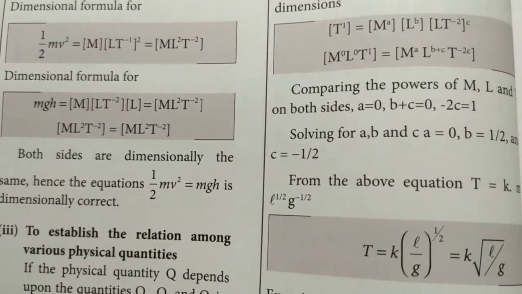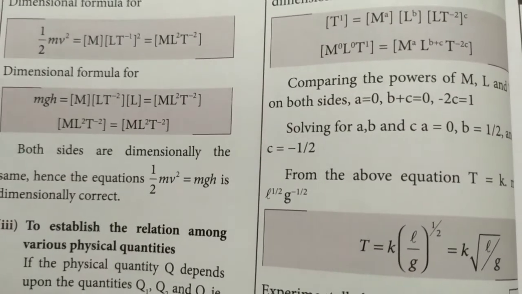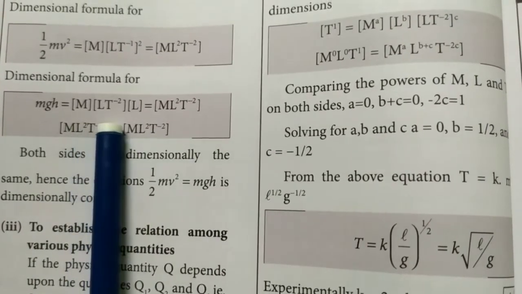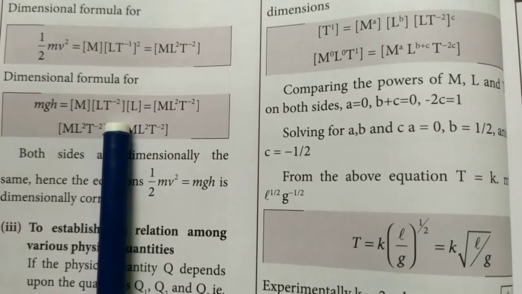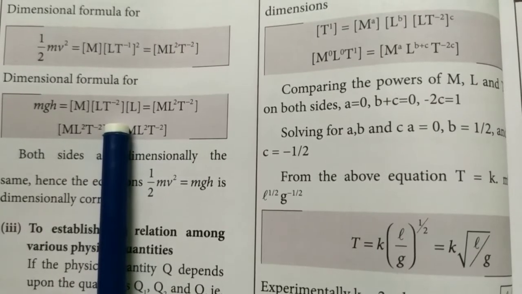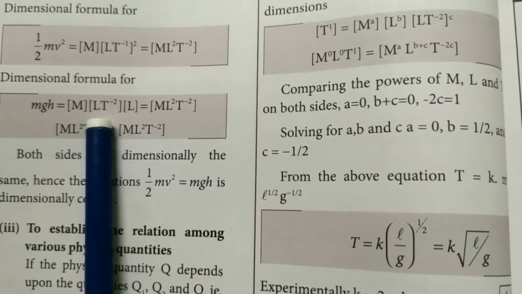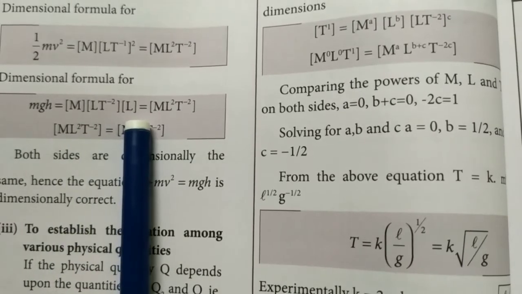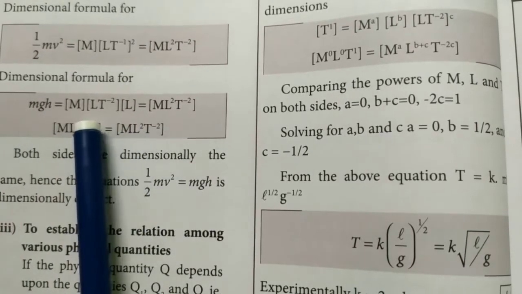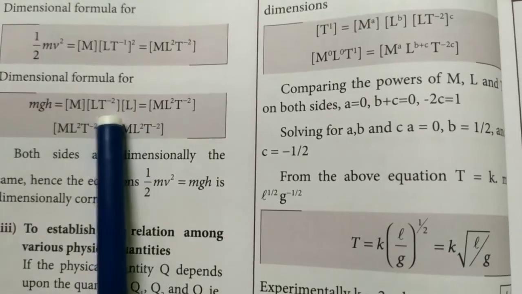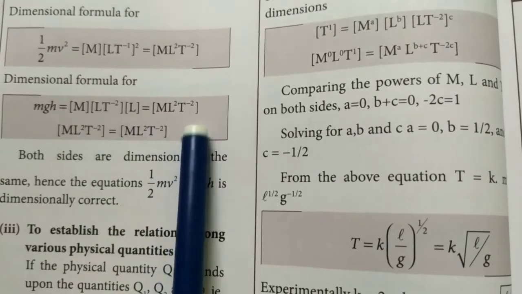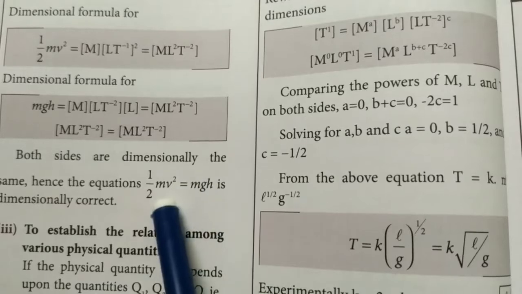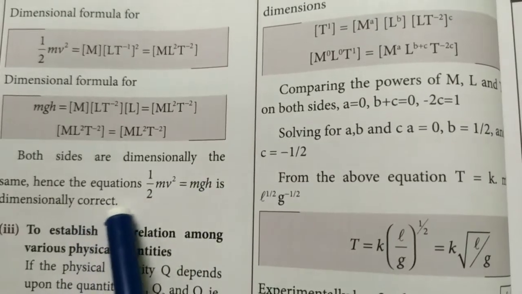Then the dimensional formula for mgh: m is mass, that is M. g is acceleration due to gravity, so it has the dimensional formula for acceleration, LT^-2, and h is the height and has the dimension of L, which equals M L into L^2 T^-2. Now check these two, both are the same, isn't it? So we can say this equation is dimensionally correct.